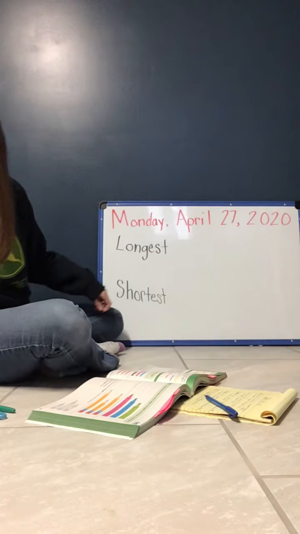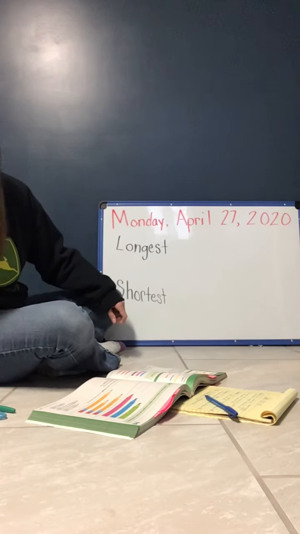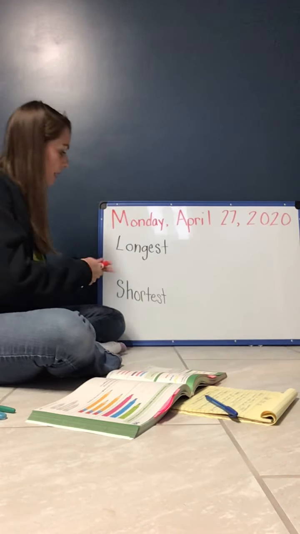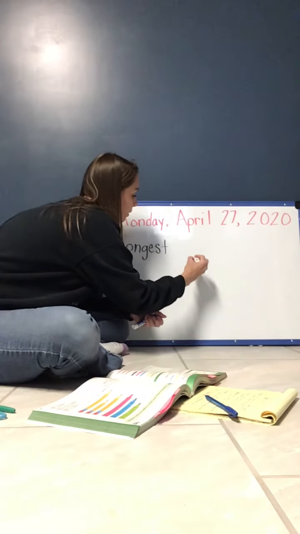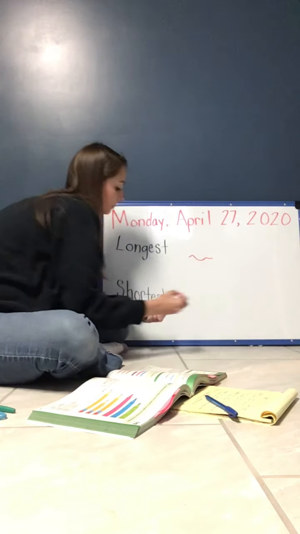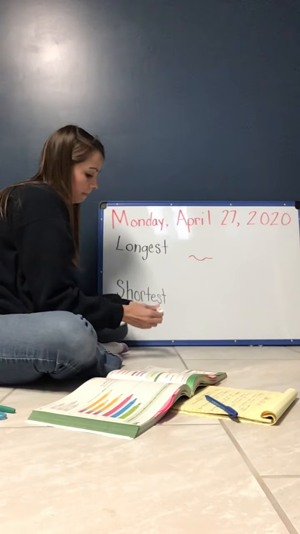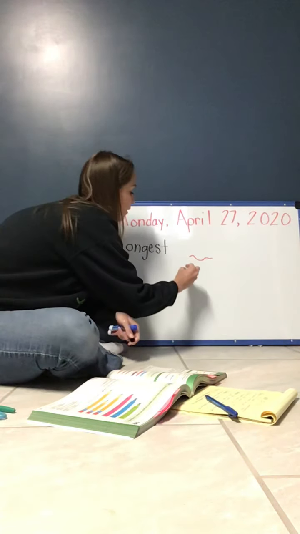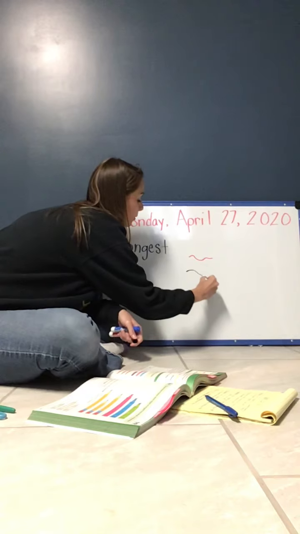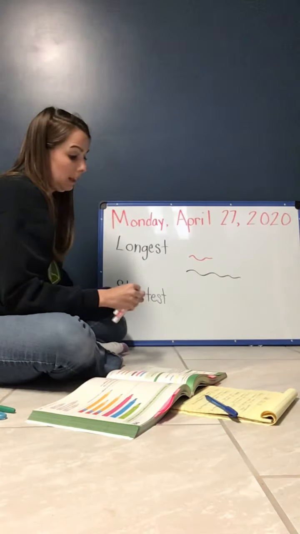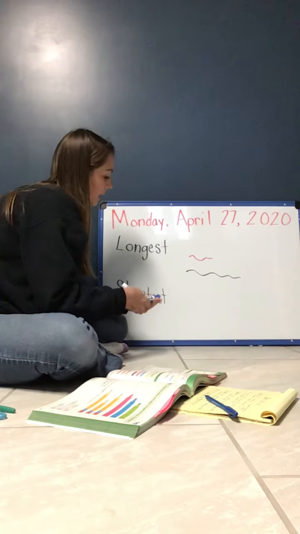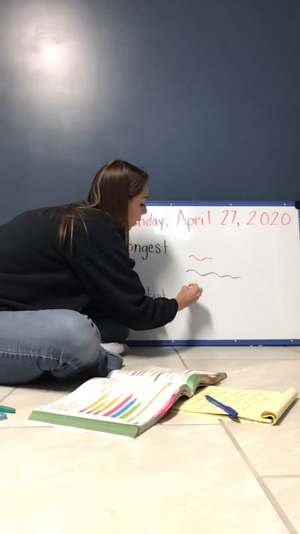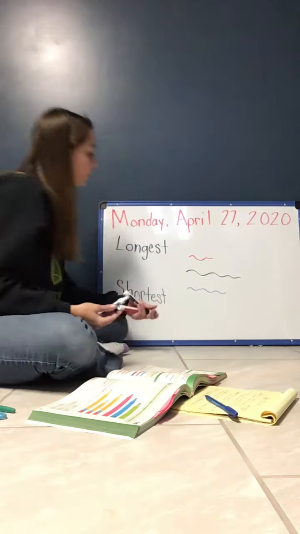All right, we're going to have a little short red one. Can we pretend this is yellow? I don't have a yellow marker. It works on my board. A longer yellow and a not quite as long blue.